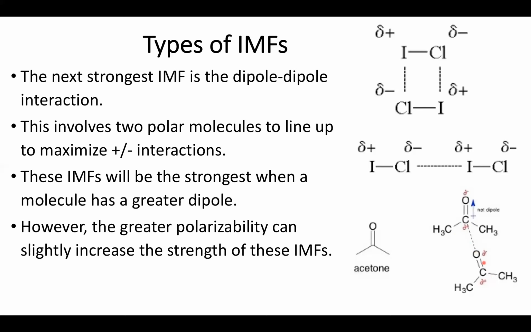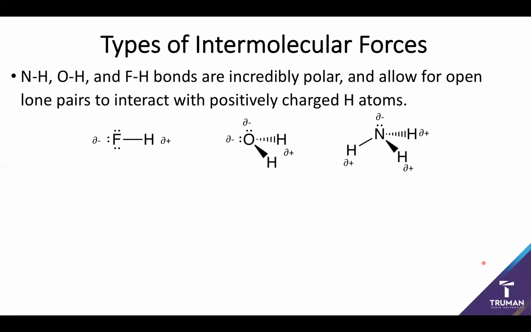Now, to emphasize this point, there is a very special set of molecules that is worth noting. And these are three special types of bonds that are so polar, they deserve their own category of IMFs. And this is the nitrogen-hydrogen, oxygen-hydrogen, and fluorine-hydrogen.